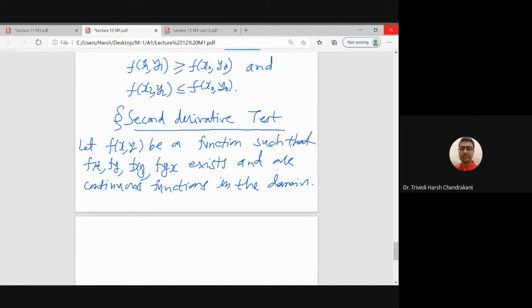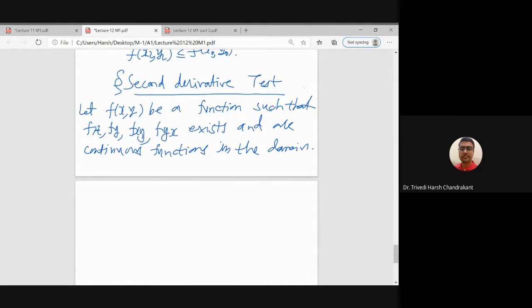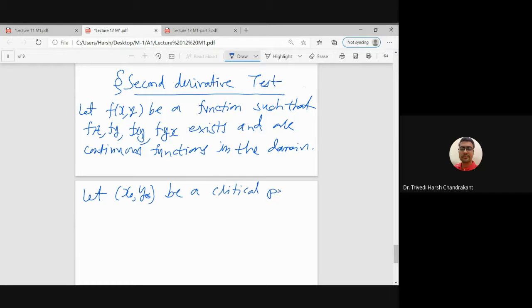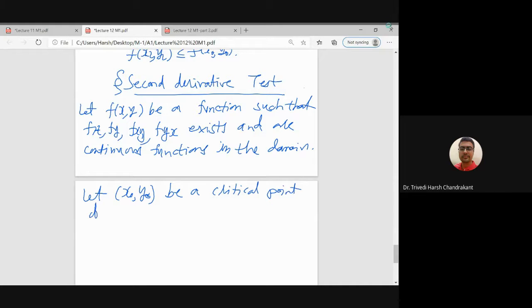And let (x0, y0) be a critical point of the function.